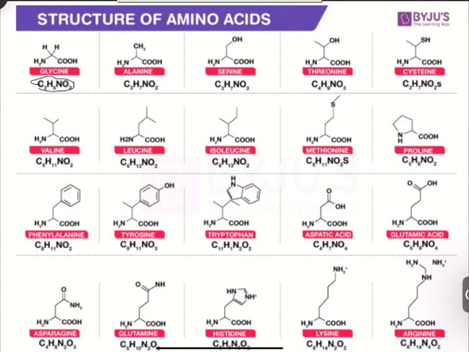CHON for your glycine, C2H5NO2. Okay, nitrogen compound. Alanine, serine, tyrosine, threonine, cysteine. Okay? So good to know the structure of them.